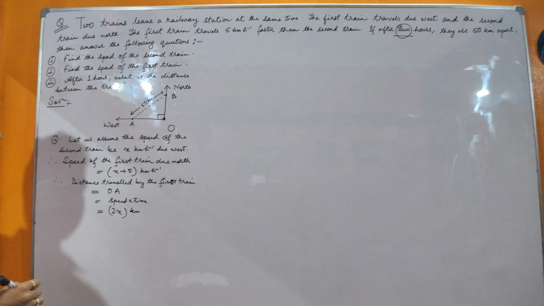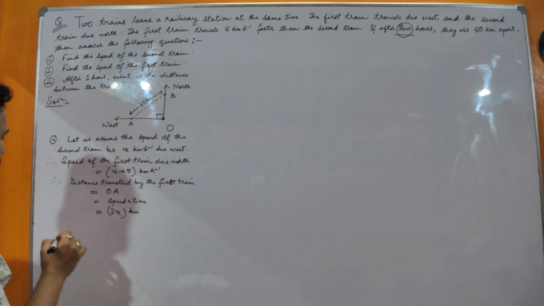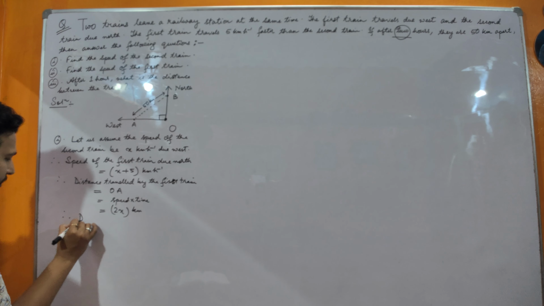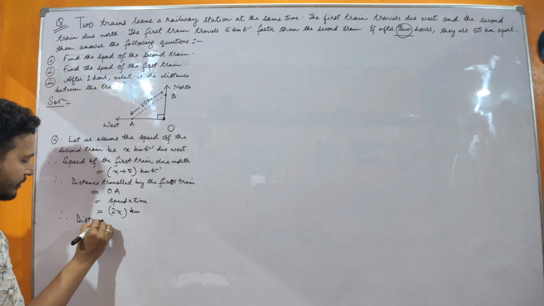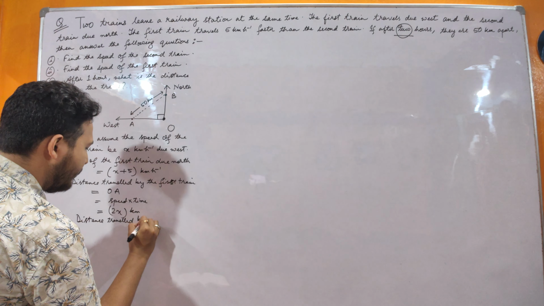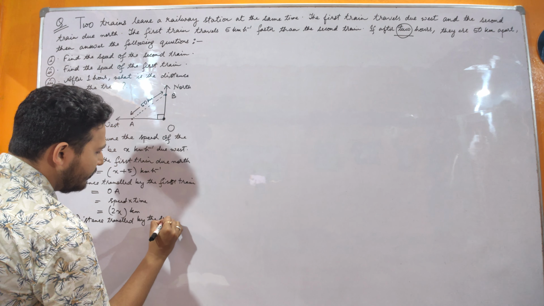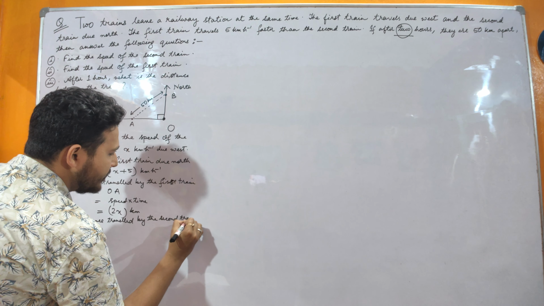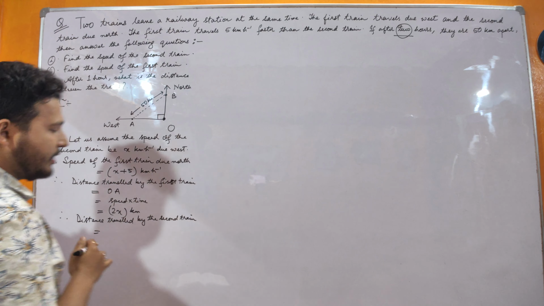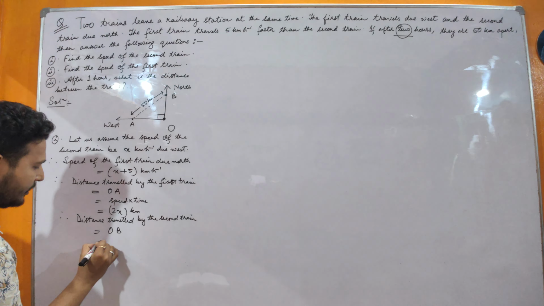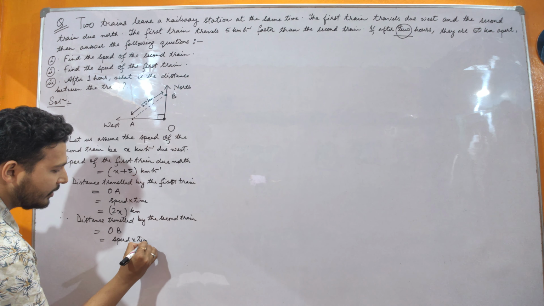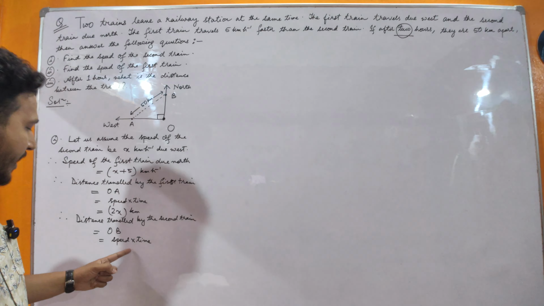Okay. Now, what is the distance traveled by the second train, that is OB. OB is the distance here now. So we write the same, speed multiplied by time.